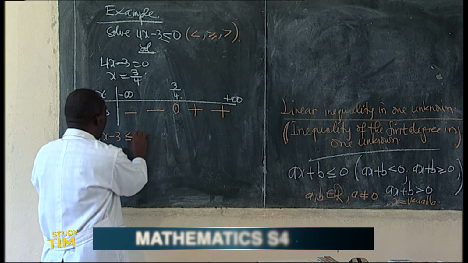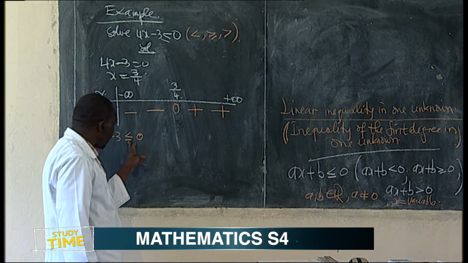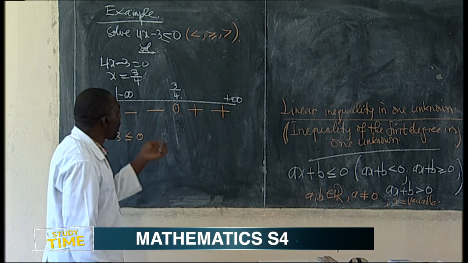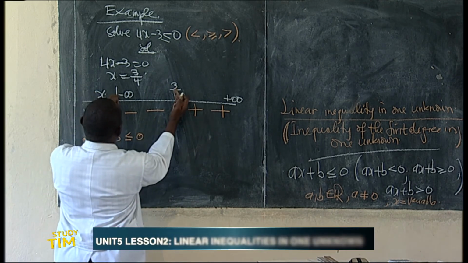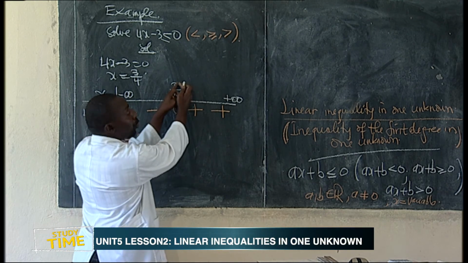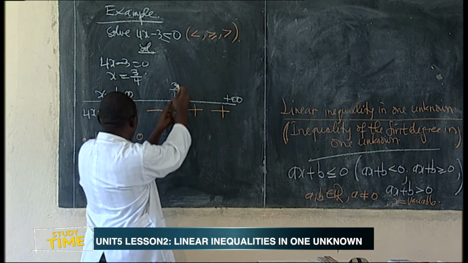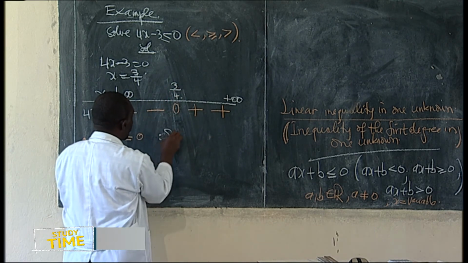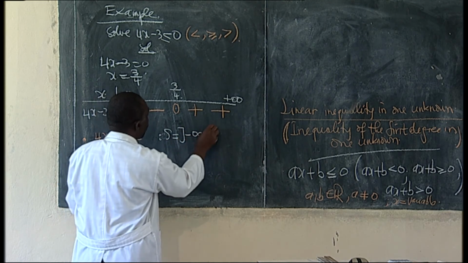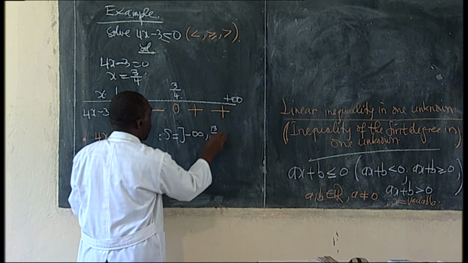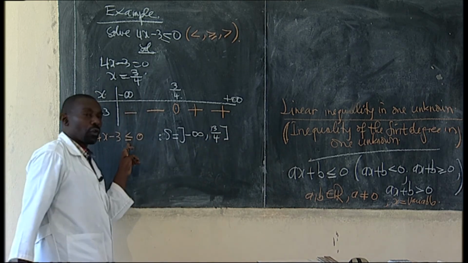As the inequality is less than or equal to 0, I need the negative interval. The negative interval is this one, from negative infinity up to 3 divided by 4. Means that the set of solution is from negative infinity up to 3 divided by 4, closed because of this inequality.